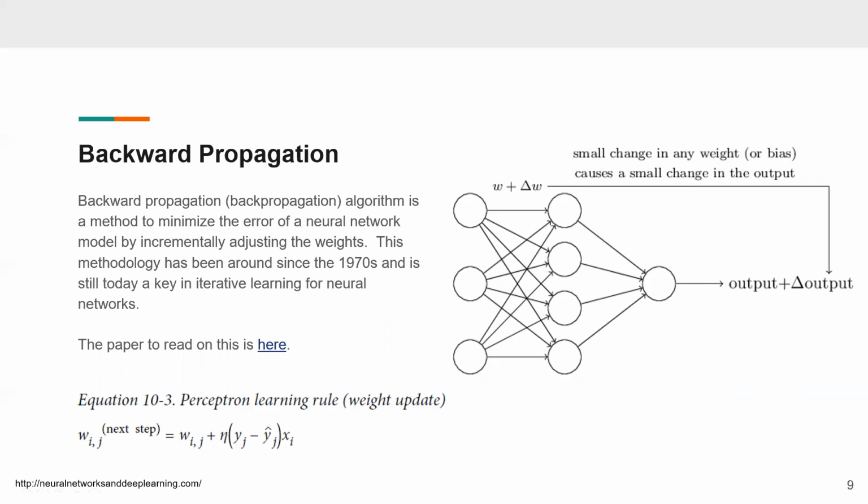Conceptually, you would think that a small change in any weight or bias causes a small change in the output.